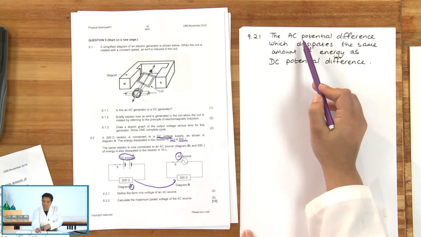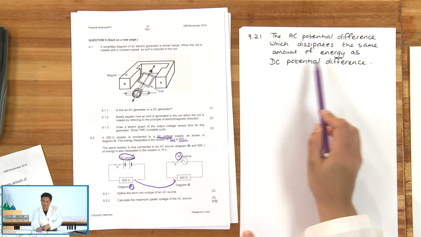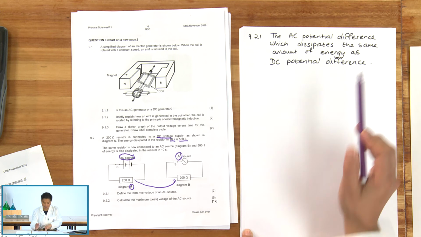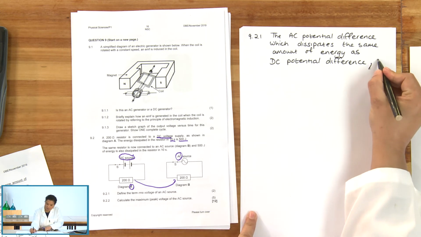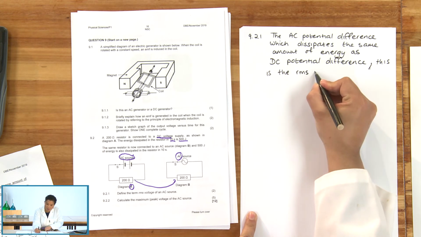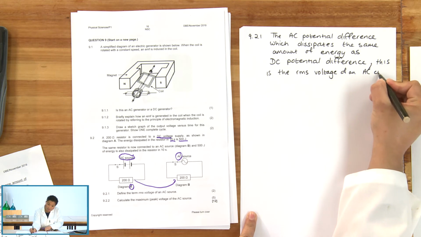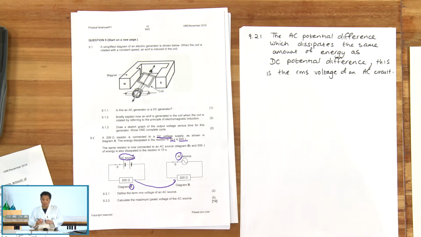So the AC potential difference, which dissipates the same amount of energy as DC potential difference, is called the RMS voltage of an AC circuit. So I'll read that again. The AC potential difference, which dissipates or gives off the same amount of energy as DC potential difference, is the RMS voltage for that AC circuit. That's all theory, and that's worth 2 marks.